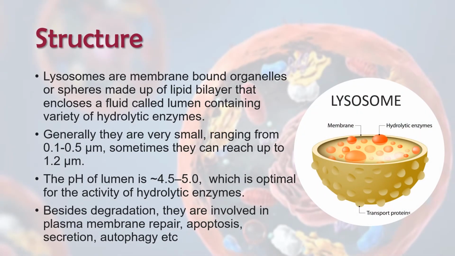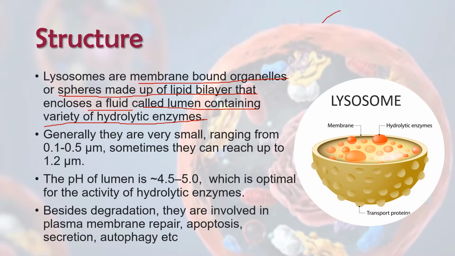Now the structure. Lysosomes are membrane-bound organelles, as I just told you, or the spheres which are made up of a lipid bilayer that encloses a fluid called lumen containing a variety of hydrolytic enzymes.